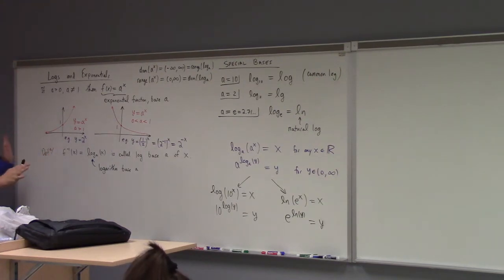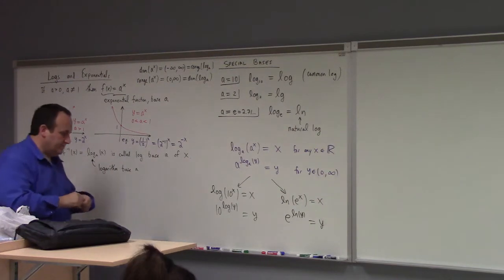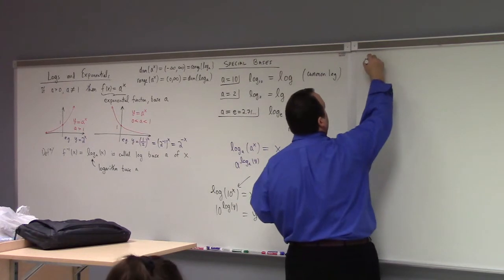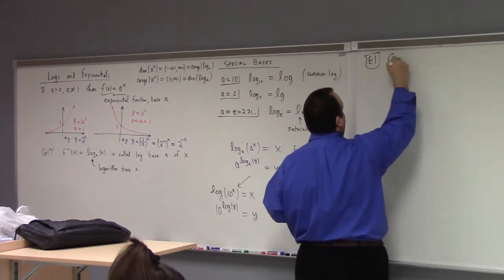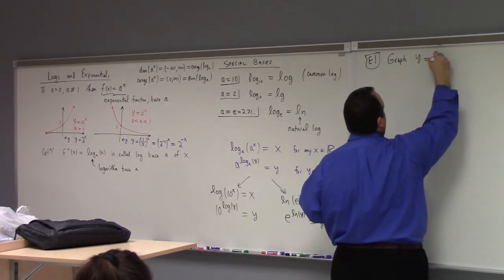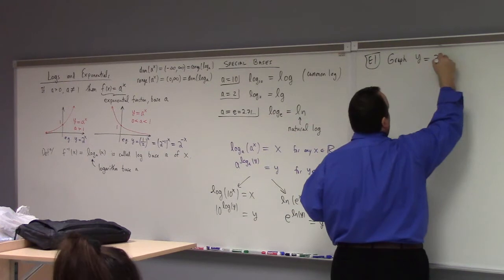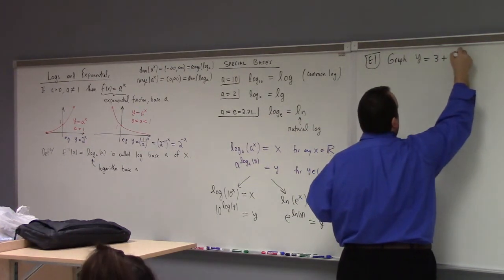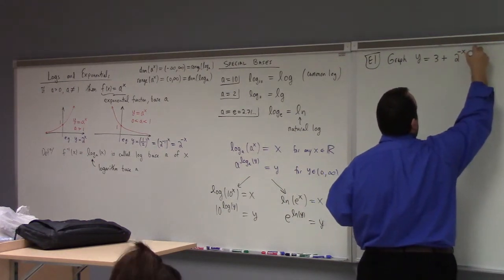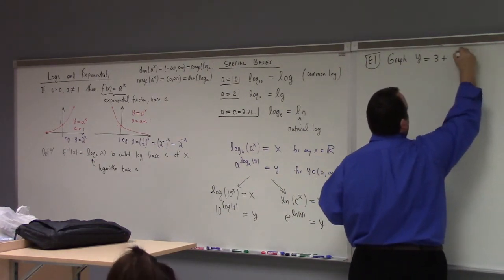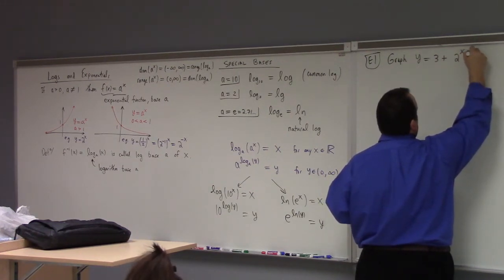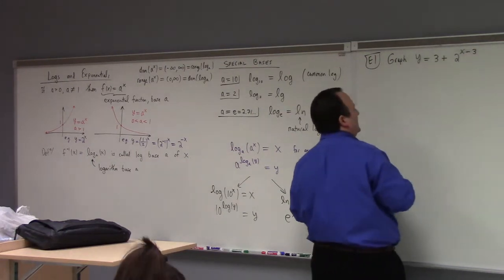Okay, so these are the basics. Let's work an example, a graphical example. Example 1: graph y equals, let's say, 3 plus 2 to the x minus... I don't want to do 3 and 3.